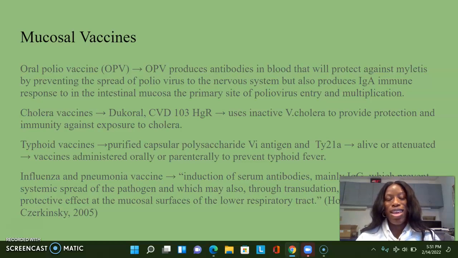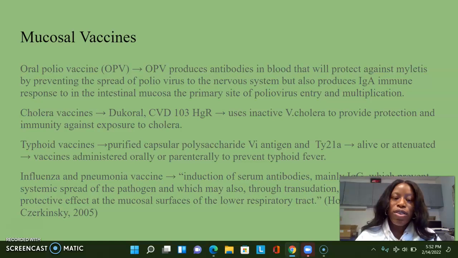So we can see that this has a huge impact, and will continue to have a huge impact, on how intestinal mucosa is treated. From there we have cholera vaccines, which essentially use an active form of V. cholera to provide protection and immunity against exposure to cholera.